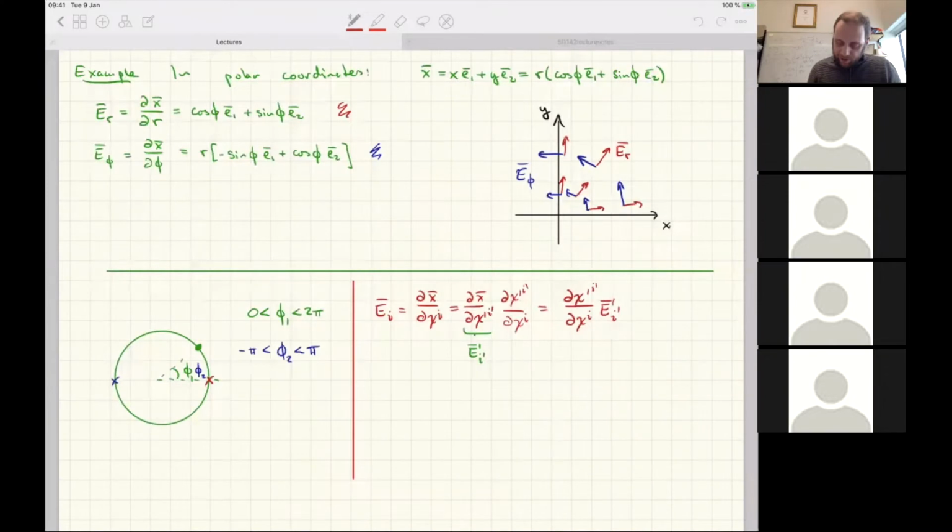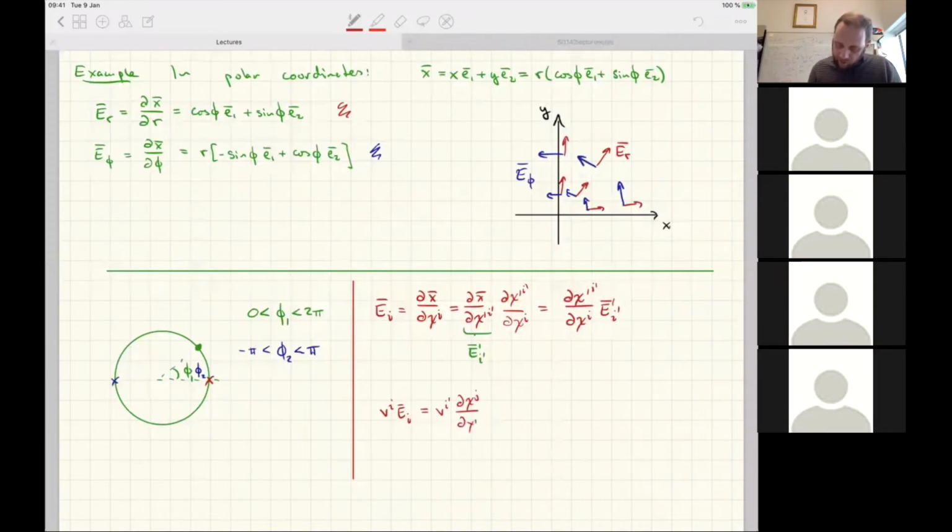if we just look at this, V^i E_i, this is going to be V'^j' d chi'^j' over d chi^j... Let me use a different index, j.